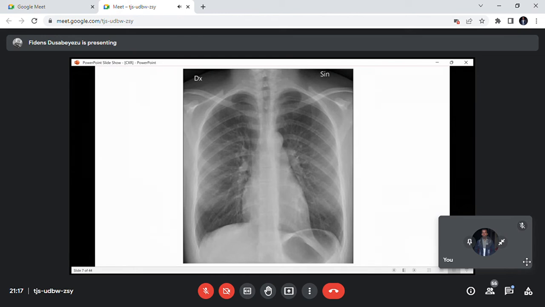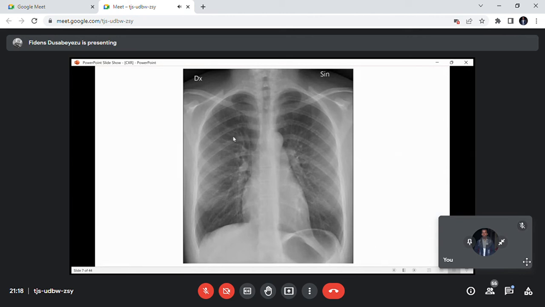you cannot see the horizontal or oblique fissure. Okay, so they have said from the apex to the inferior margins of the second anterior ribs. Remember, anterior ribs are these ones. That one is called the upper zone. From there, you make a horizontal line passing through the inferior margin of the second anterior rib; that is the upper zone.